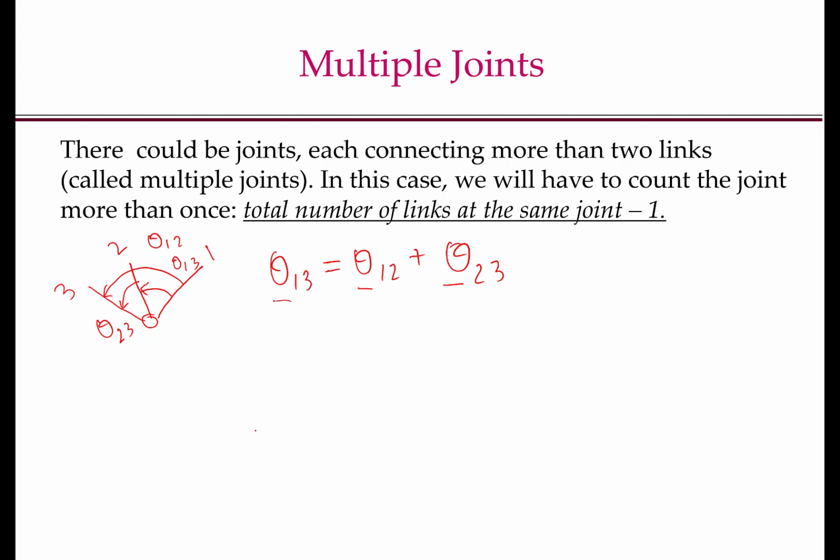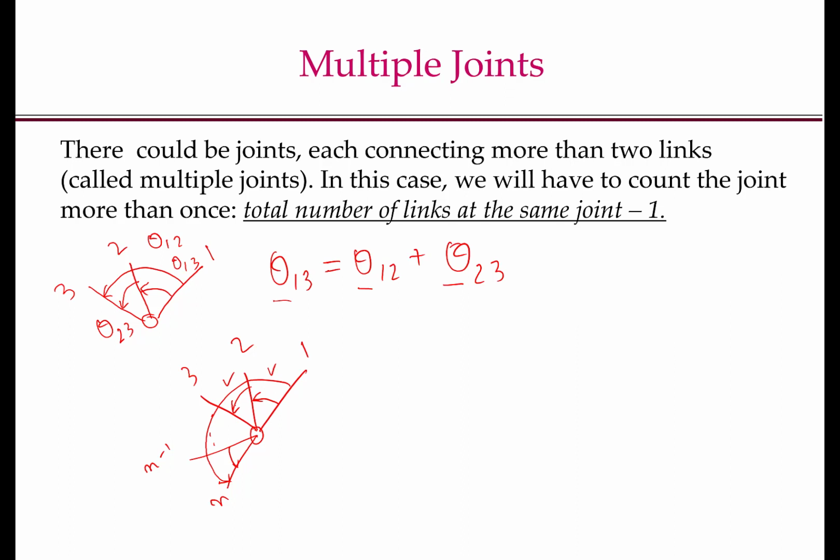So now what happens if you have n links? Let's draw a similar picture. So we'll have 1, 2, 3, up to n minus 1, n. So if I know the angles between the consecutive pairs, the angle between any two of them, like say 1 and n, can be computed by adding up all these pairwise angles.